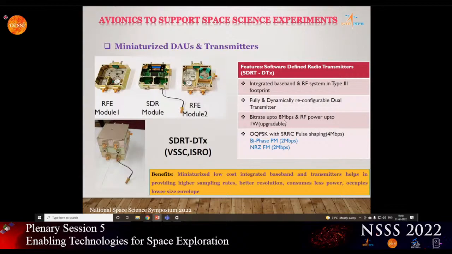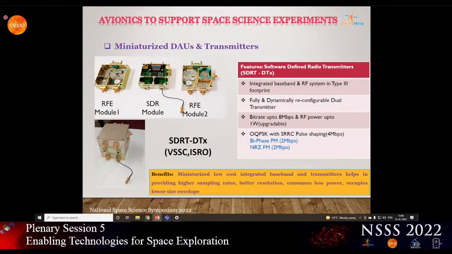And you see the power and all, it is all upgradable, and you can have better link margins. It's a fully digital transmitter having the latest modulation techniques which will improve the link margin to further levels.